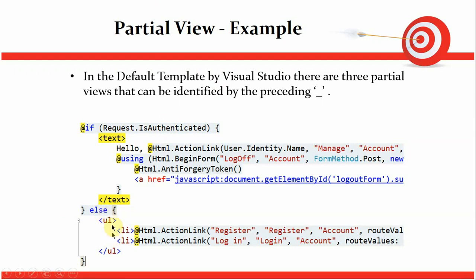Look at what is written in the else part. An unordered list, two list items are there. One says register, the other says login. I'll ignore the other parts right now. In other words, I wanted to show a hyperlink in HTML called register and another called login. So if you have not logged in, I'm supposed to show you two hyperlinks called register and login. What if you have already logged in?